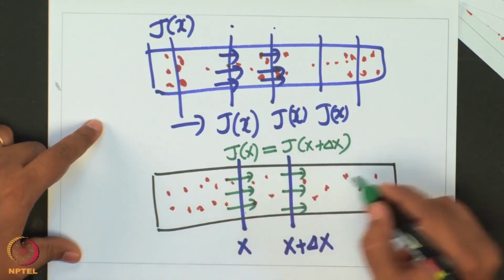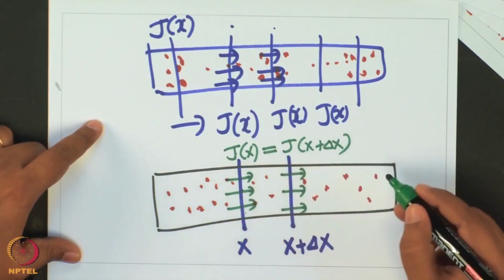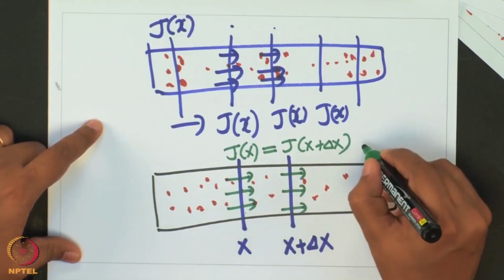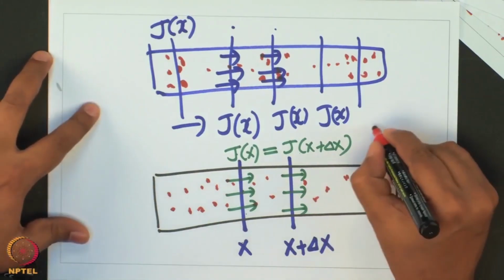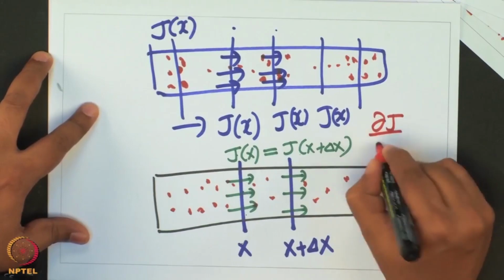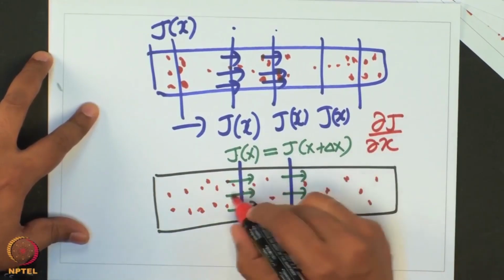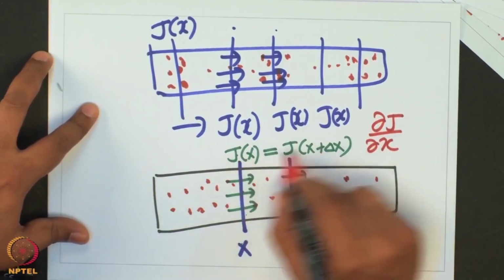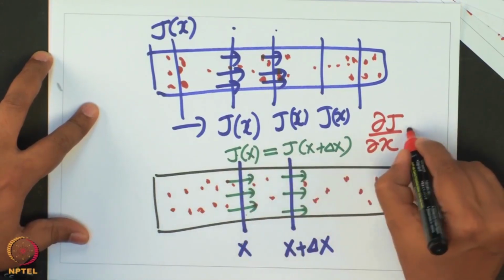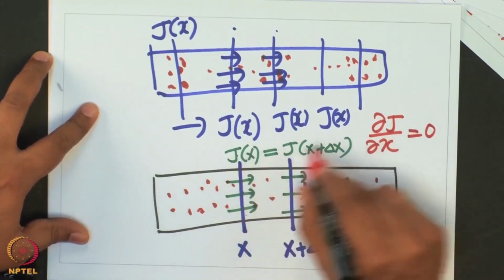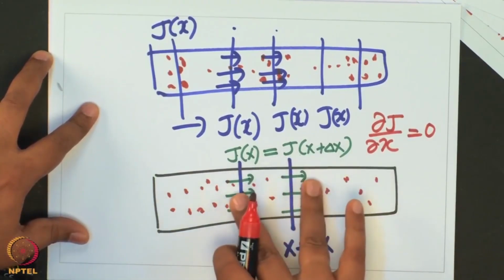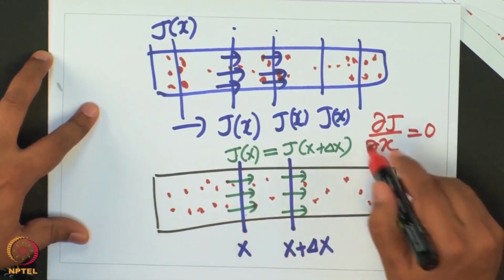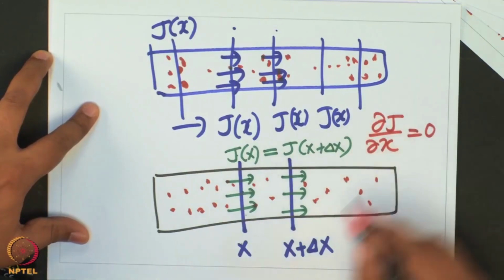So this implies that dJ by dx is 0. The change in flow, J of x plus delta x, is equal to J of x, therefore the derivative will be 0. If these two are equal, there is no change in flow as we go along the space, therefore del J by del x is 0.